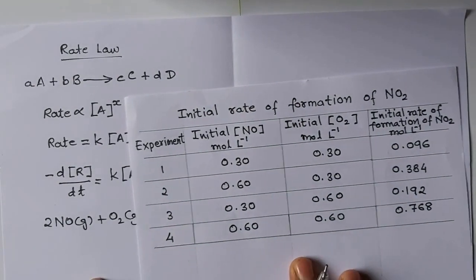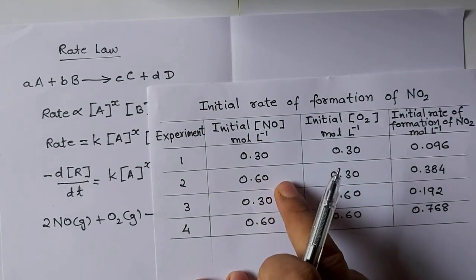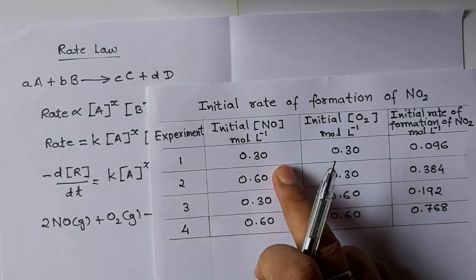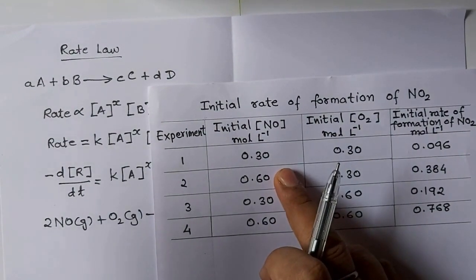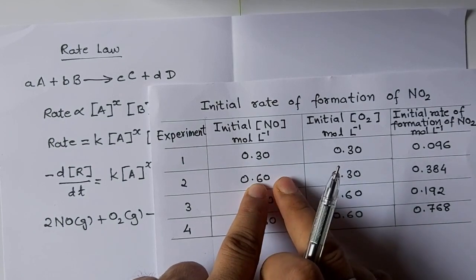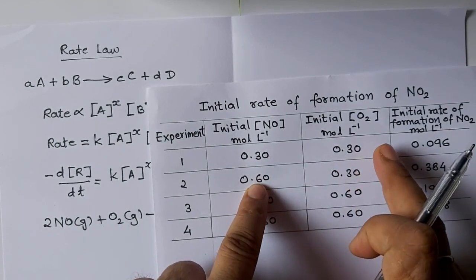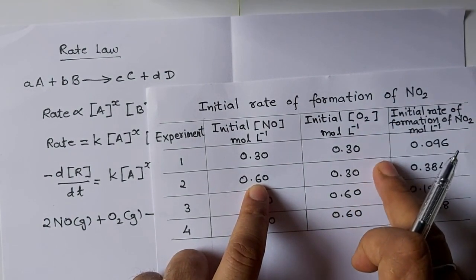Now let's see. If we take a look at this value, in this experiment we are just increasing the initial concentration of NO to twice. We have doubled it, though there is no change in the concentration of O2.